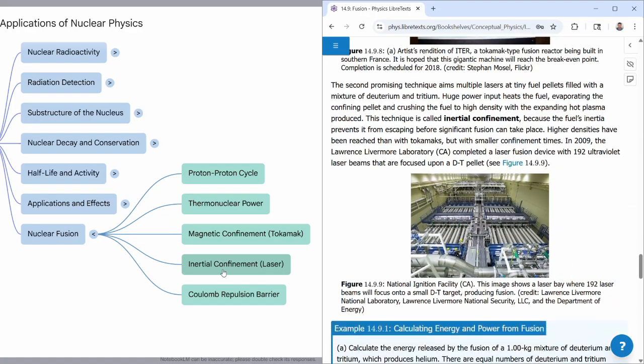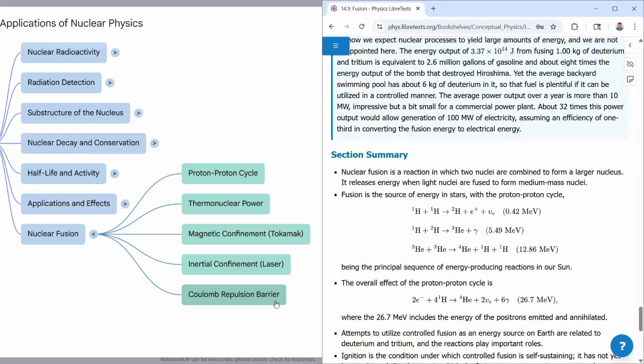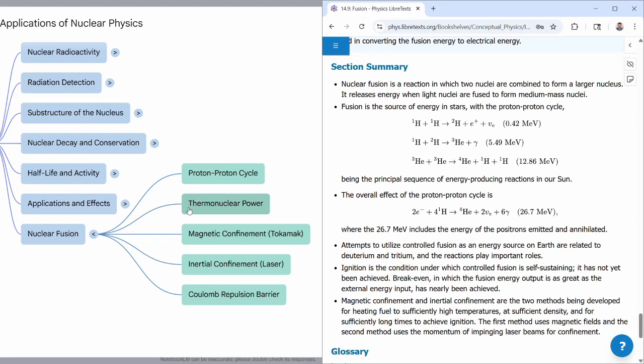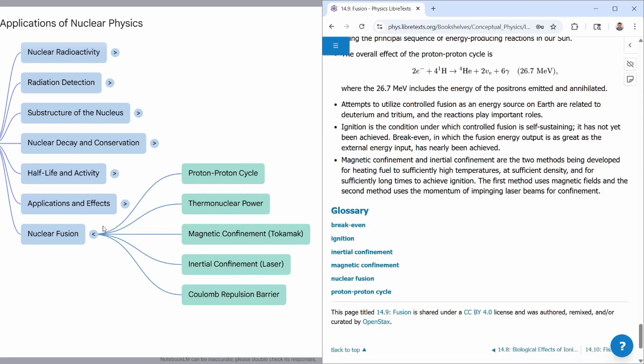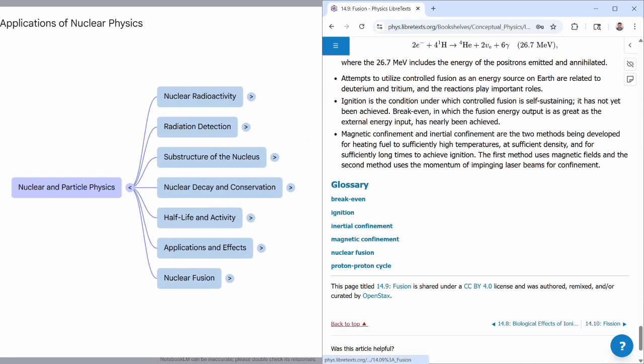And the main challenge is in overcoming this Coulomb repulsion barrier. That's where a thermonuclear bomb is a lot easier, because you use the power of a fission bomb to meet the conditions needed for fusion. I talk about that in the lecture. Okay, so that's about the first two-thirds or so of chapter 14.